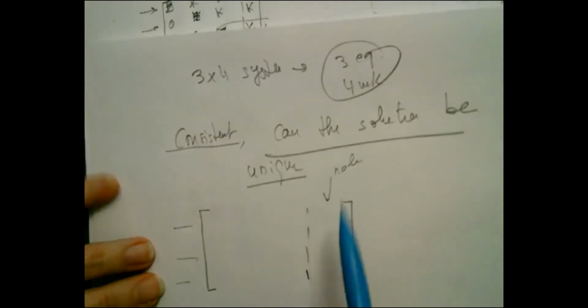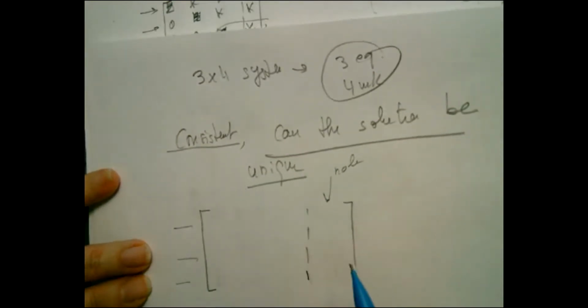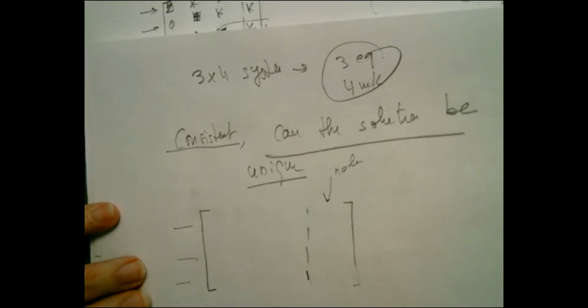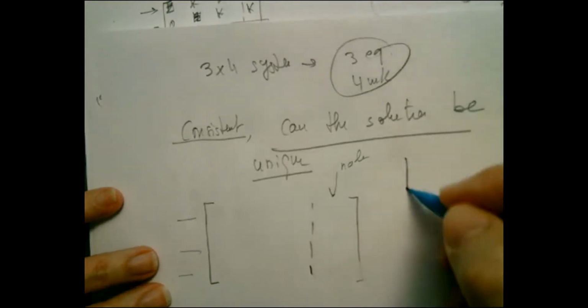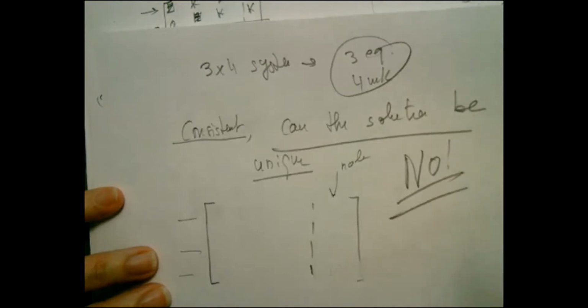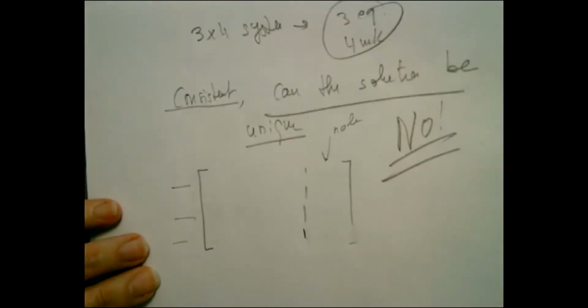So I want a 3x4 system. I want it to be consistent. It means no leading entry here. I cannot have this one because I want consistency, so this has to go. And the question is, can it have a unique solution? Noah is telling me no. Can you tell us why no? We have to have infinitely many. Why do we have to have infinitely many?